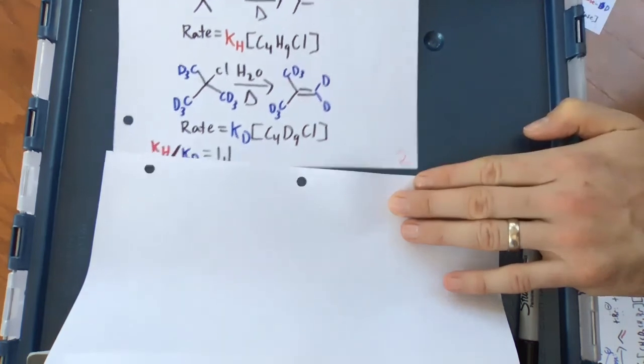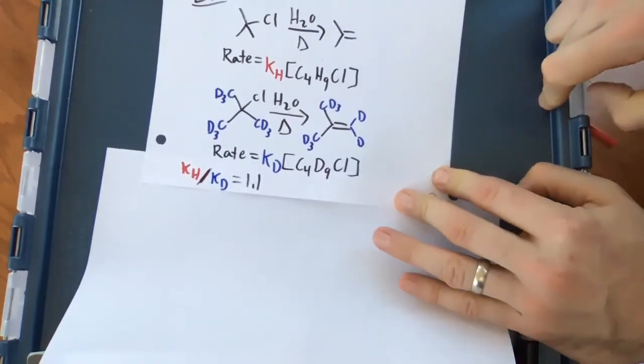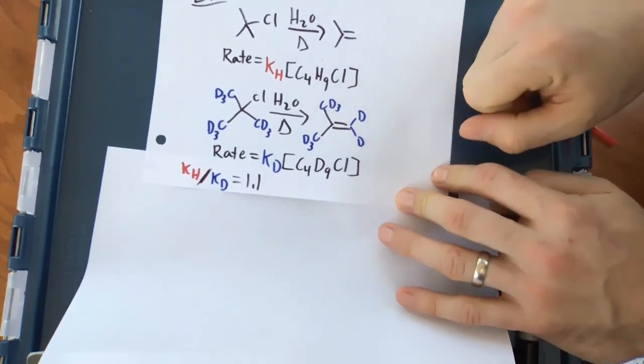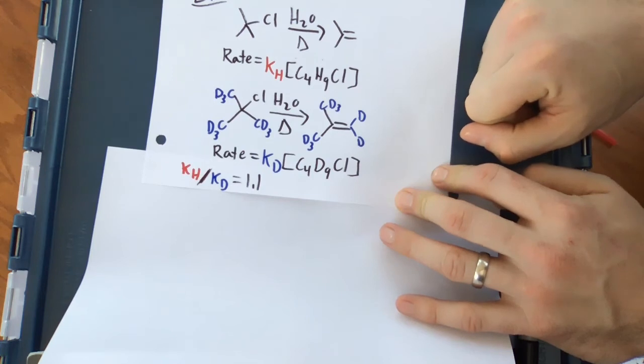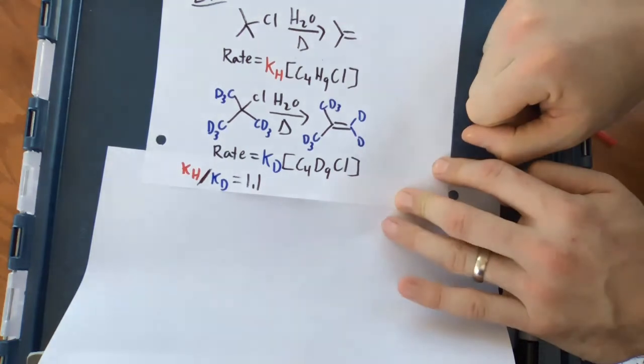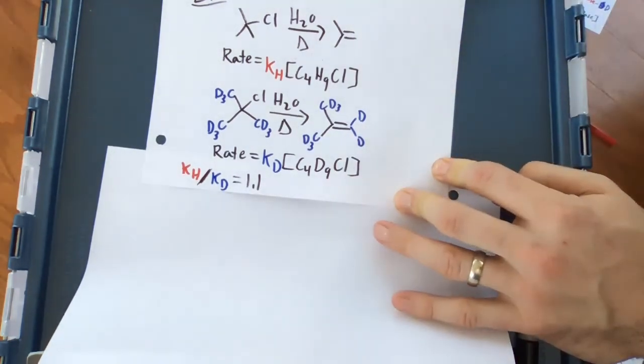And as we expect, KH over KD is almost 1. There's basically no enhancement in having a deuterated version over a hydrogen-containing version, which tells us that the two rates are basically the same because the slow step is the leaving group step, the very first step in E1.